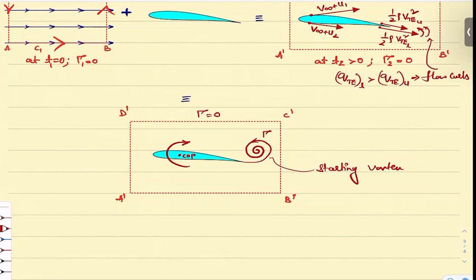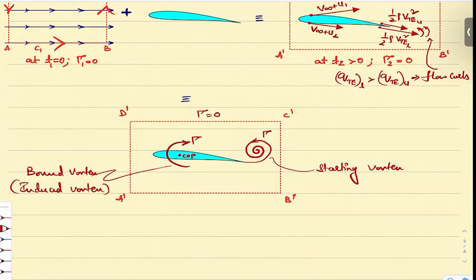It is fixed, bound to that location, but it should act in equal and opposite direction to this gamma. Then only you will get net gamma equal to 0. So what is this? The flow induces a bound vortex about the center of pressure point. This is a bound vortex. It is also called an induced vortex.